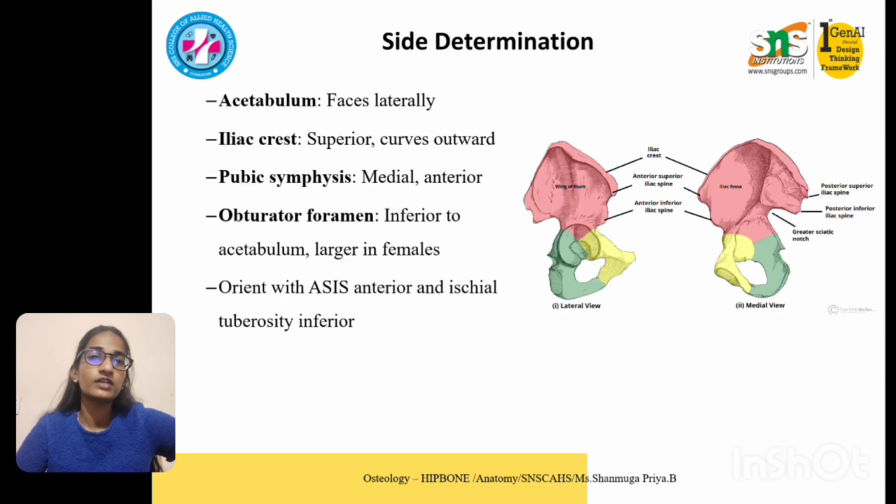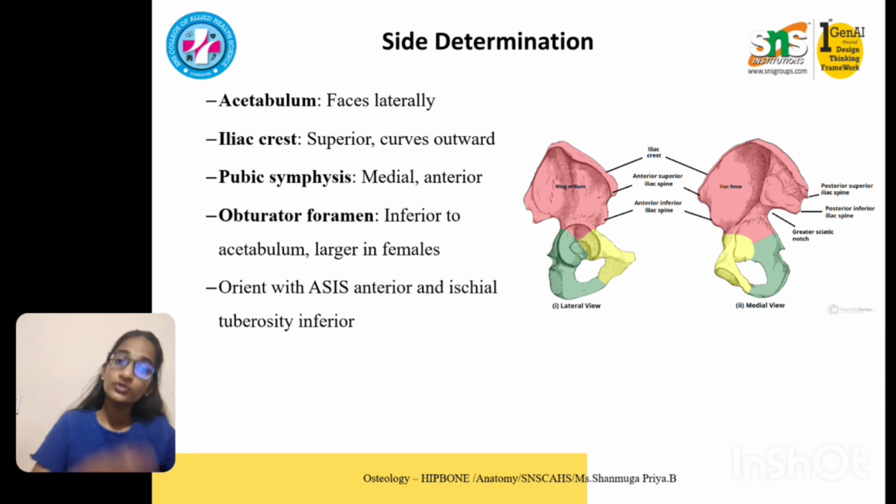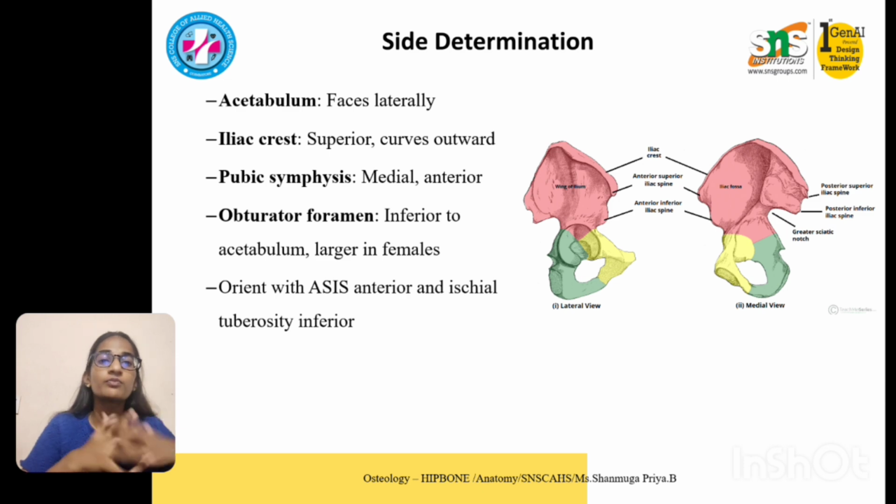Next, we are dealing with side determination. To determine if a hip bone is from the left or the right side: the acetabulum faces laterally, and the iliac crest is superior and curved outwards. The pubic symphysis is medial and anterior.